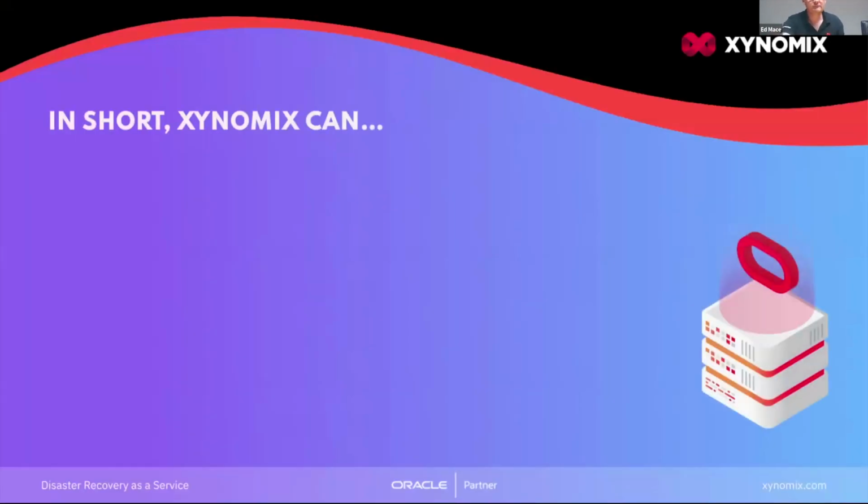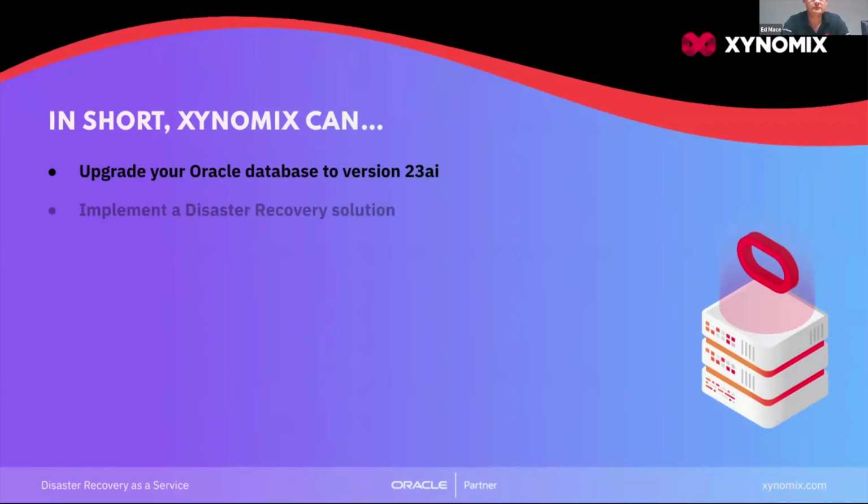So in short, just to recap what I've been through, Xynomix are here to support your journey. We can assist with the upgrade of the Oracle database version, if you were looking to transition over to 23 AI. If that's in OCI, we can do that now, or as and when it is released for on-prem, we can assist at that point.